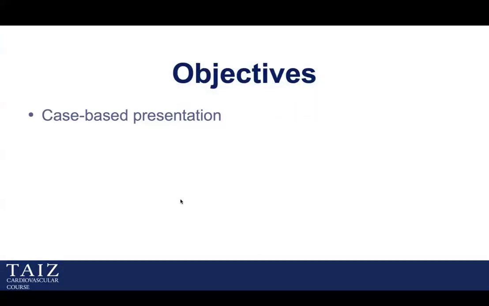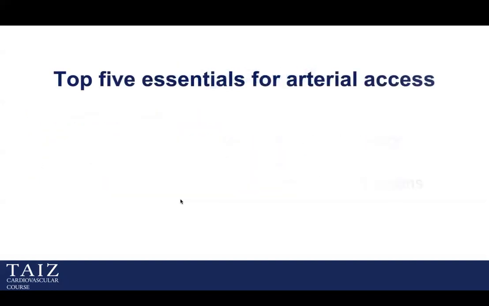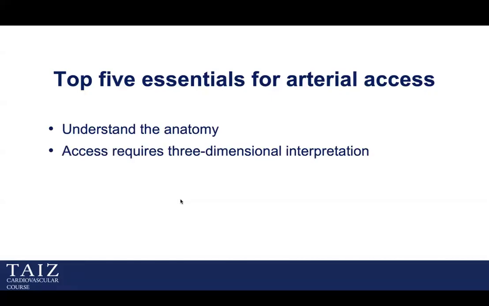My hope from today's lecture is to present some cases and to provide some examples of vascular complications from coronary or peripheral or structural cases, and then ultimately provide you with some ways to treat or perhaps avoid these complications. So I'm going to break this down into the top 5 essentials for arterial access, which are understanding the anatomy, and then access is really requiring 3D integration of where the vessel is relative to where you are starting from in the skin.